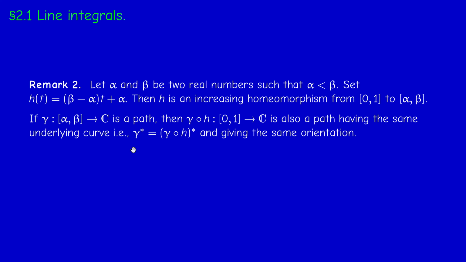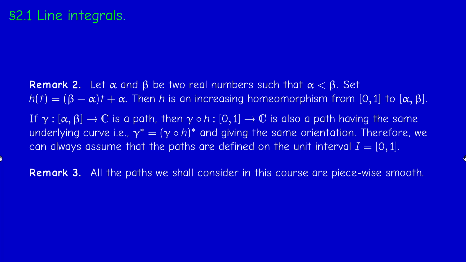So gamma and gamma of h are two parameterizations of the same curve, and since h is increasing, they give the same orientation. This is why we can always assume that our paths are defined on the standard interval [0, 1]. This is what is done in algebraic topology, to simplify the computations.